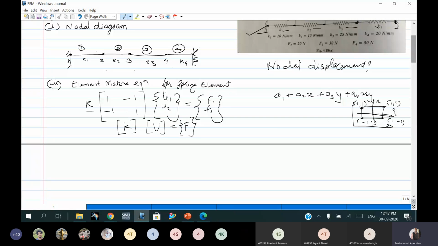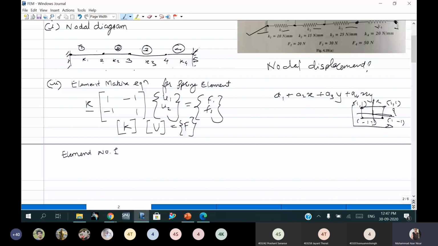By using this, you have to find the element matrix first, then the global matrix for those four elements. How many elements are there? One, two, three, four. Four elements. First, for element number one, what is the stiffness value?